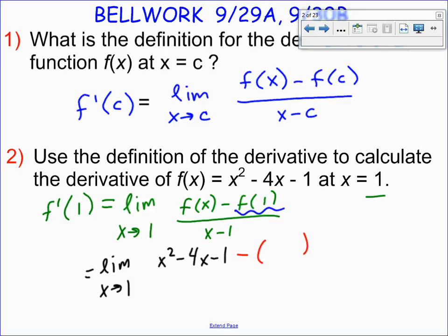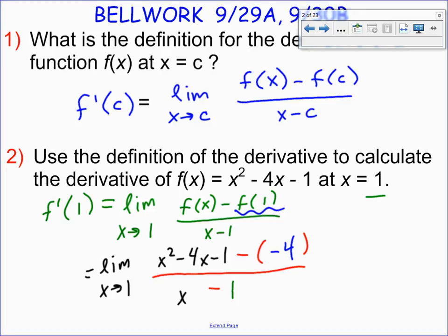Minus 4 times 1 would be negative 3. Minus 1 is negative 4. So f of 1 is negative 4. All over my arbitrary x minus my c value. My c value is 1. So there we've got our f of x minus f of c all over x minus c.